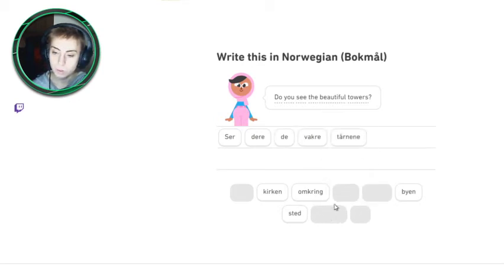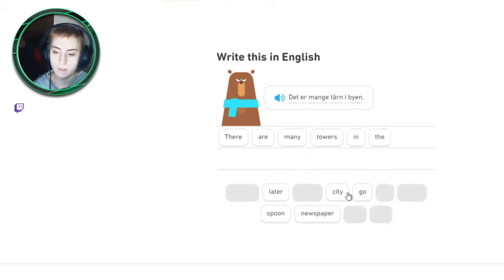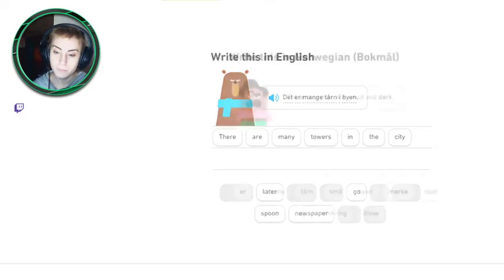Tårnene. Yay. Towers is plural, so "ene" at the end. Tårnene. Det er mange tårn i byen. There are many towers in the city. Right, byen is city. Det er mange tårn i byen.